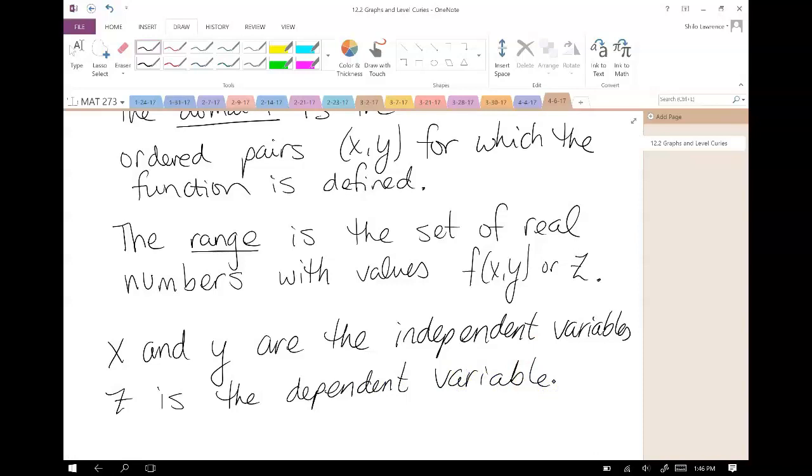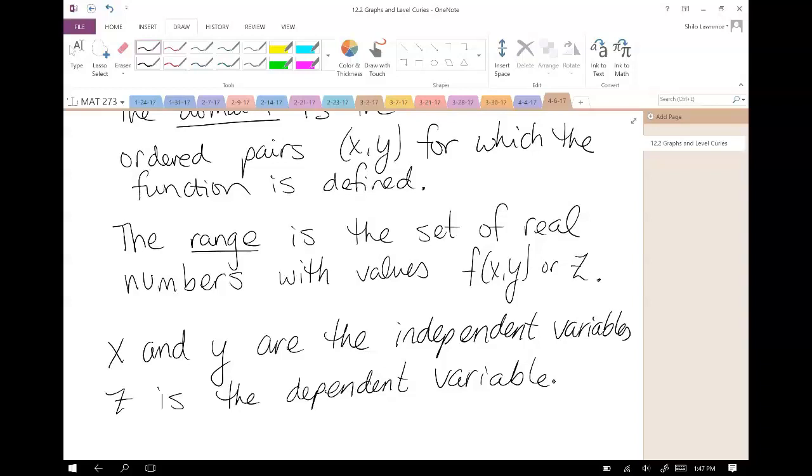Independent means you're allowed to choose them, as long as they're going to give you back a value, as long as it's something valid that we're allowed to plug into whatever operations are going on in that function, as long as they'll give us back an actual value for z. We don't get to pick the z values. The x and y and then whatever operations are going on determine the z values. So it's dependent upon the x and the y and then the different operations we're going to apply to them.